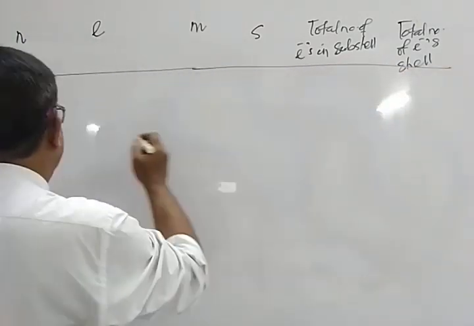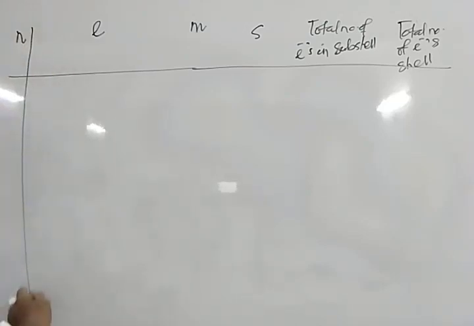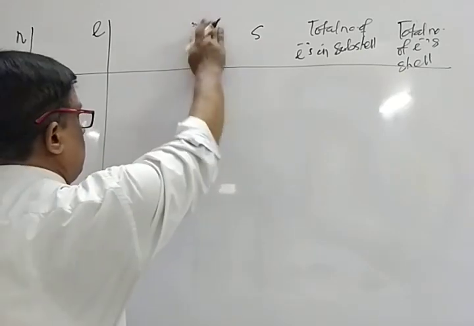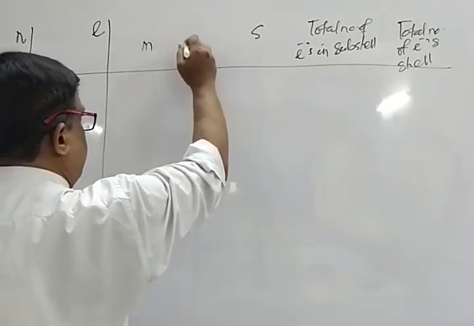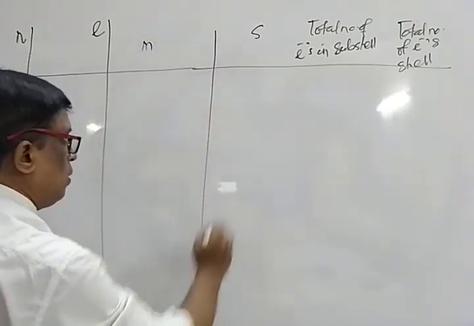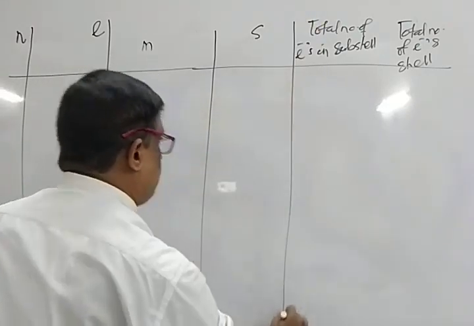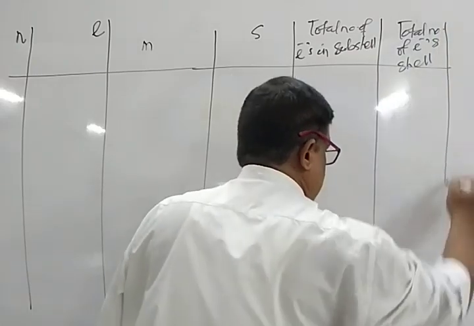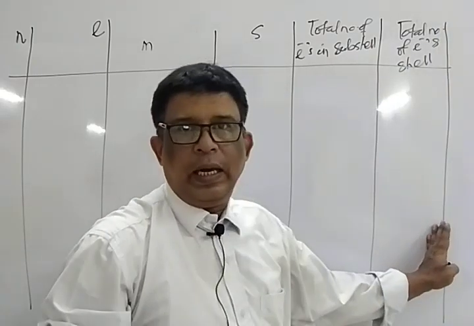I repeat again: principal quantum number, azimuthal quantum number, magnetic quantum number, spin quantum number, total number of electrons in a subcell and total number of electrons present in a cell.